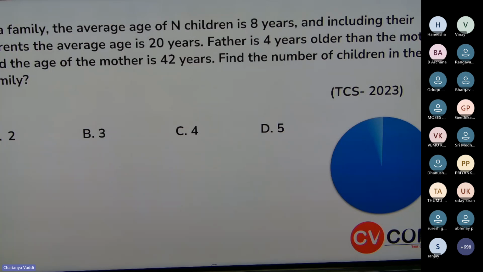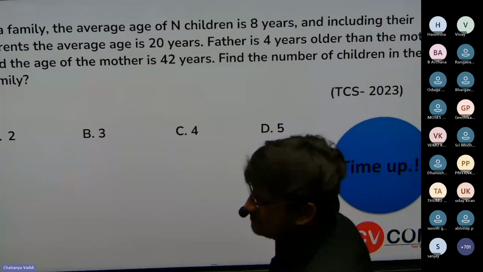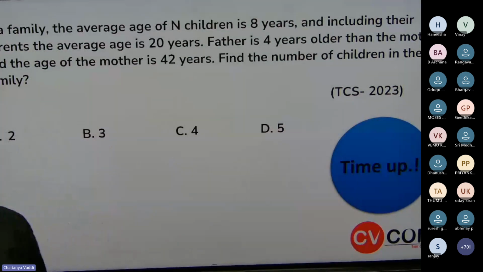Time is running out. Solve it fast. Yes, time is up. Let me see how many of you posted answers.